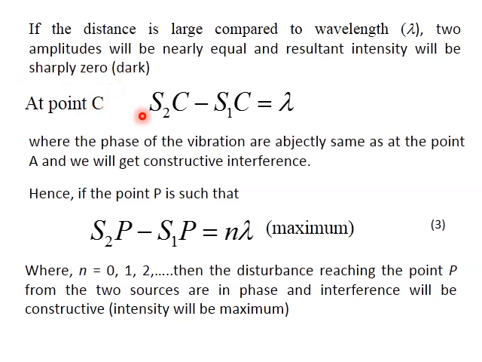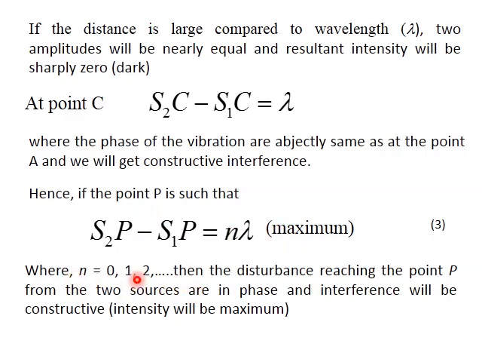So at point C, we see that S2C minus S1C is equal to lambda, where the phase of vibration are same as at the point A, and we will get constructive interference. So this is my condition for constructive interference. Now hence, if the point P is such that S2P minus S1P is equal to an integral multiple of lambda, n lambda, so this is my condition for maximum intensity.